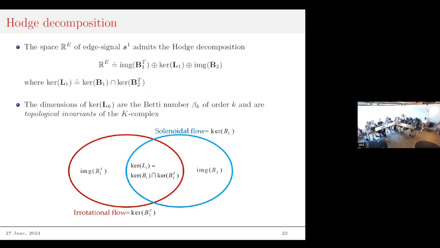We have the rotational flow. The rotational flow is associated to the image of B1 transpose. They are all the flows for which we can observe a divergence in the node.